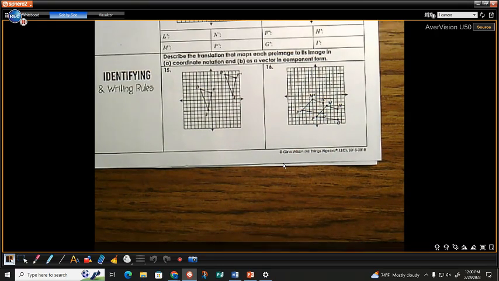You're writing the translation in coordinate notation, so xy goes to what? No, that's just a set of coordinates. I want your coordinate notation and vectors in component form.